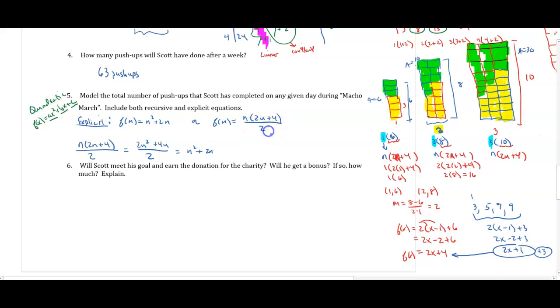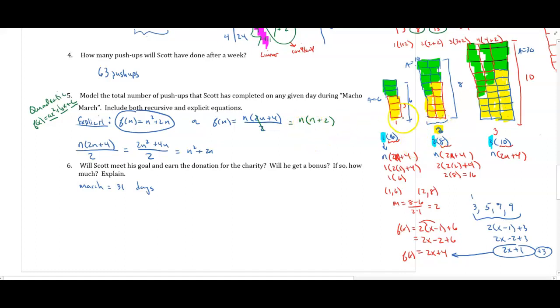all divided by 2. And after all that, some of you guys are probably saying, well, can't we also just say that this ends up becoming, if I divide this by 2, n times, 2 divided by 2 is n, plus 4 divided by 2 is 2.